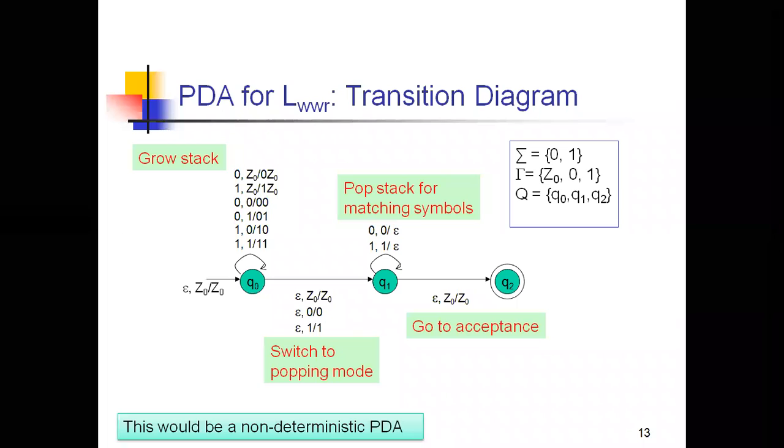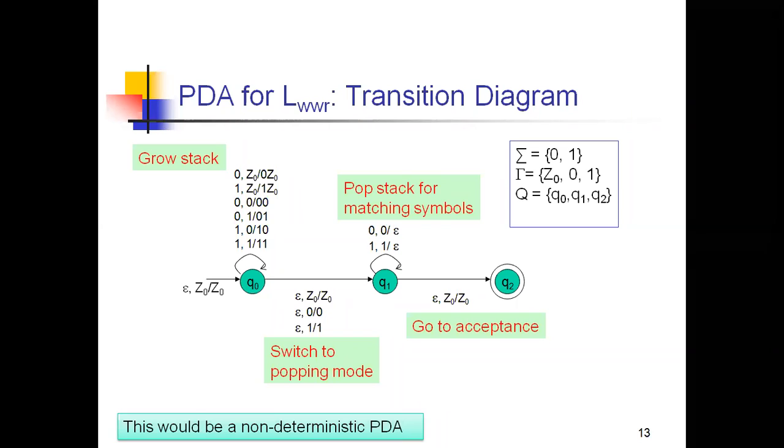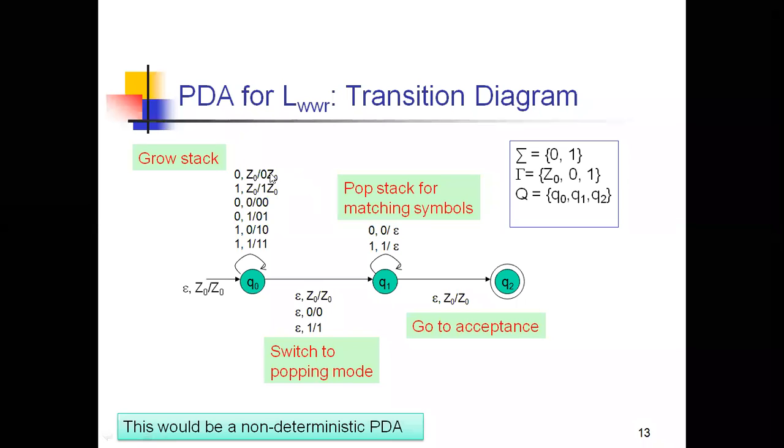This would be a non-deterministic PDA. And whatever we are learning now under the concept of PDA, or whatever constructions we are doing for the PDA, all those are non-deterministic PDAs. So again we need not learn which is a non-deterministic PDA. Whatever designs we are doing, all these are non-deterministic PDAs, right? So at q0 it is in grow stack. Initially we are growing, right?